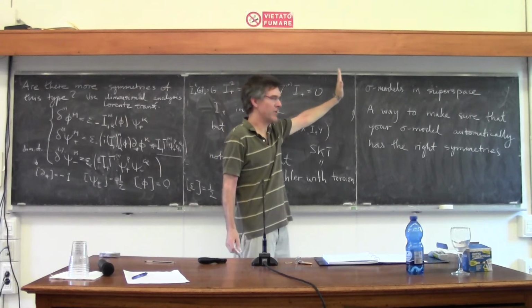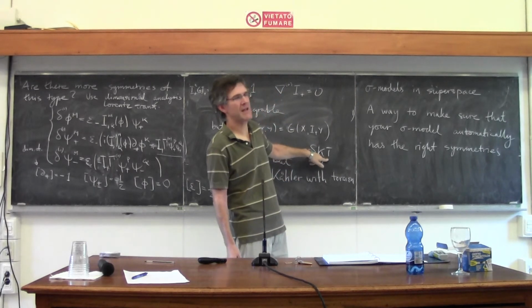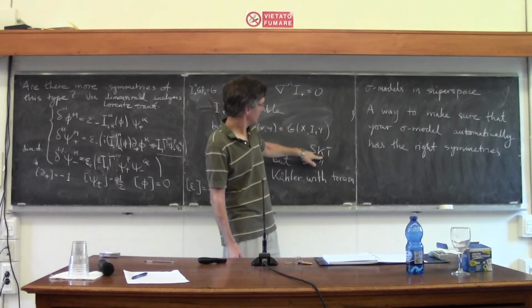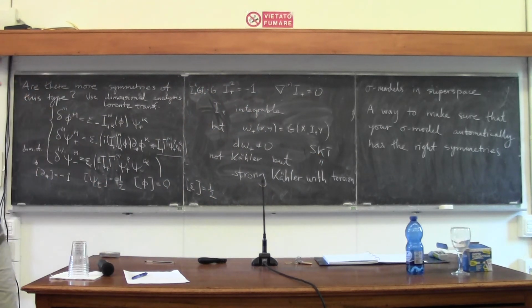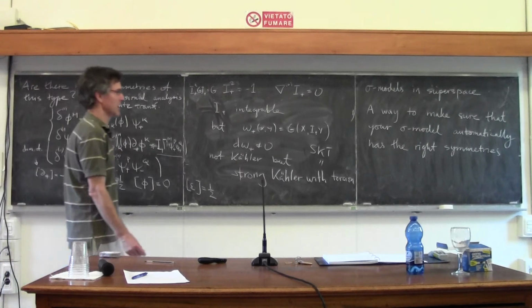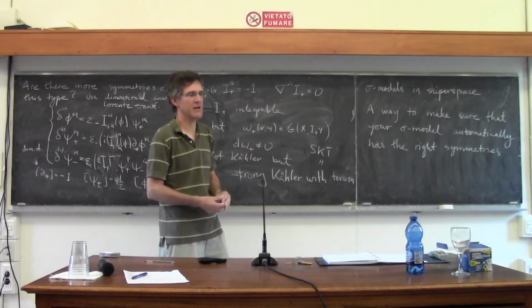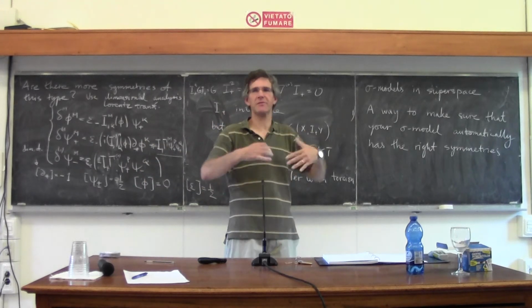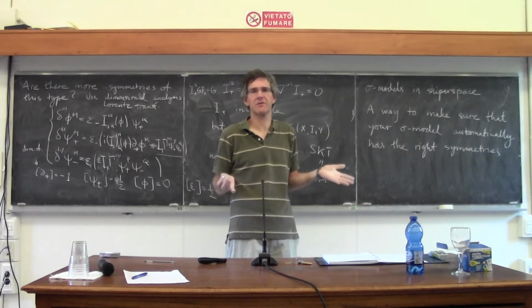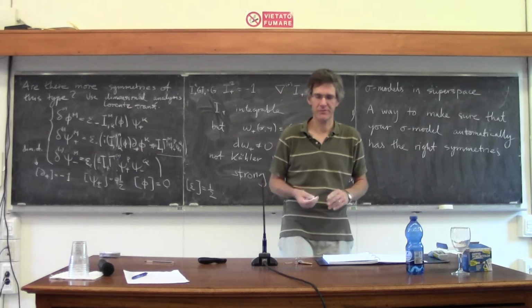But the only thing you have to make sure is that you keep the supersymmetry, and then you will get new SKT geometries from old SKT geometries. So that will be a sort of illustration of what you can do in the intersection between mathematics and physics using the sigma models. So let's leave that for tomorrow. Thank you.